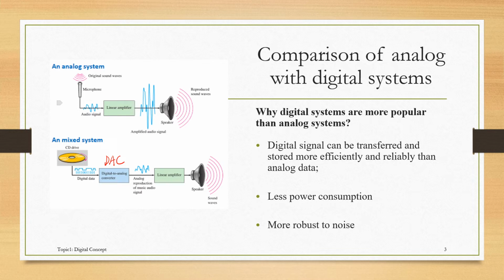Because of those three reasons, whenever we want to design an advanced system which is robust and low power, we always prefer digital system. However, because in nature most signals are analog, we still need the analog part there, but we only use it whenever we want to output our result.